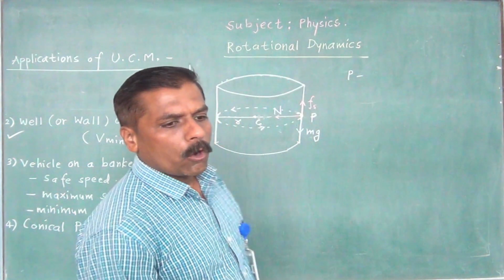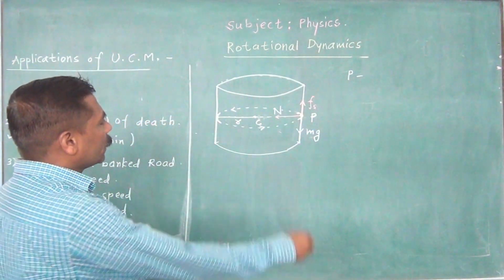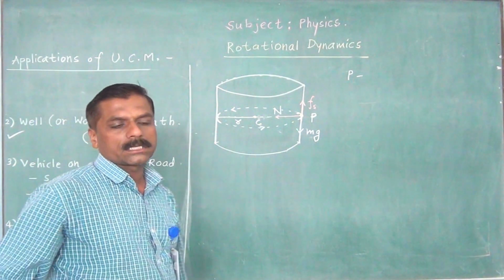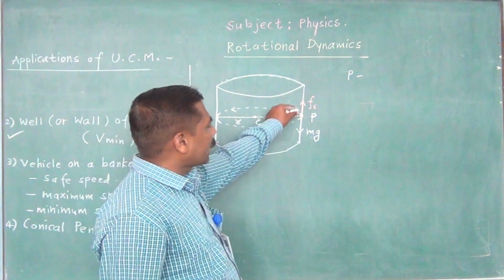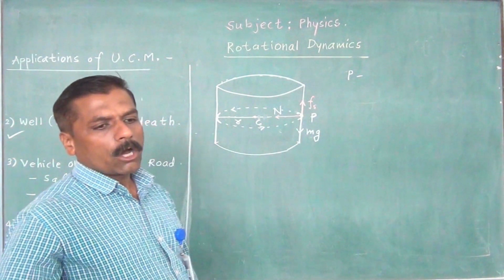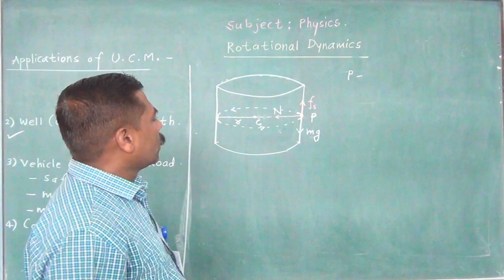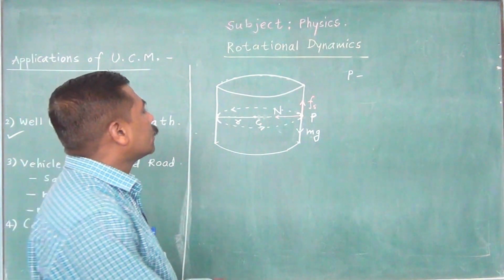Now again, if you observe, the vehicle is moving along a horizontal circle. It is prevented from skidding because of this static force of friction, and the normal reaction is also along the radius towards the center.